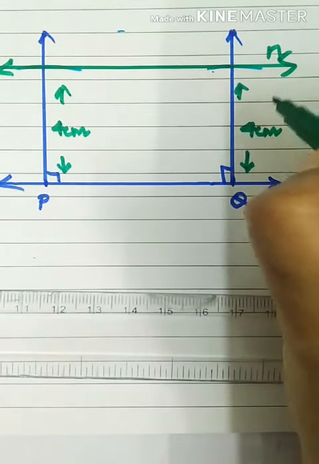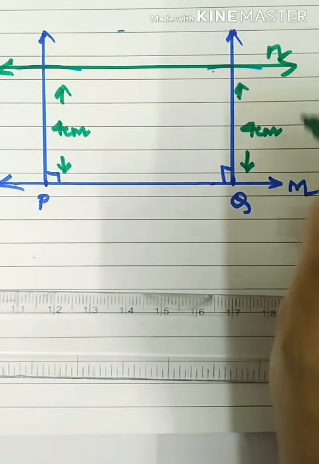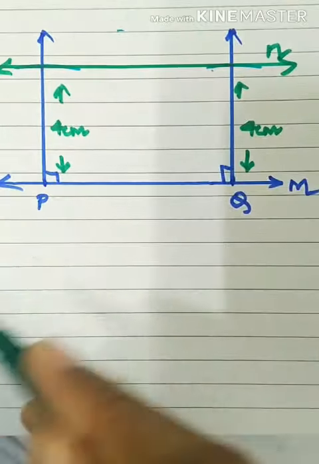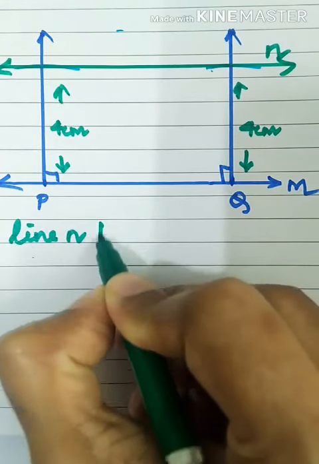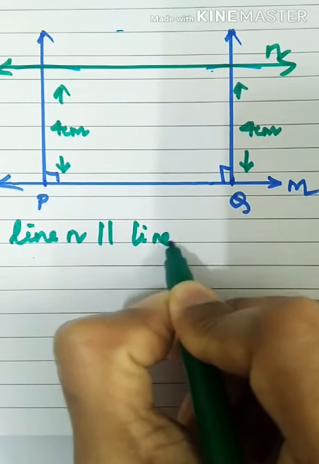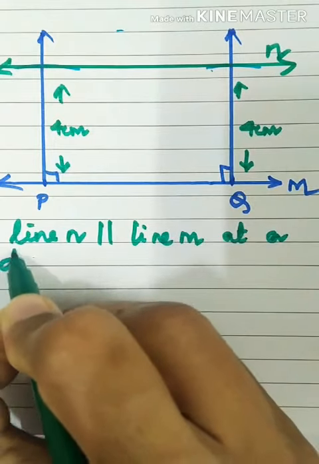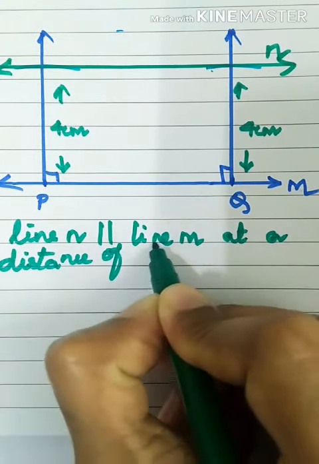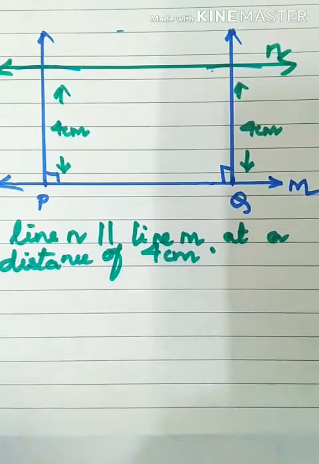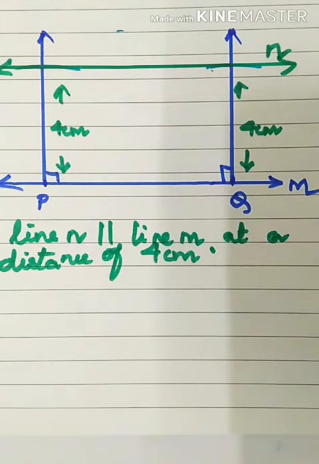Line N is at 4 cm from line M and both are parallel. So we will write: line N parallel to line M at a distance of 4 centimeter. That's it. Okay, I hope you understood both the methods.